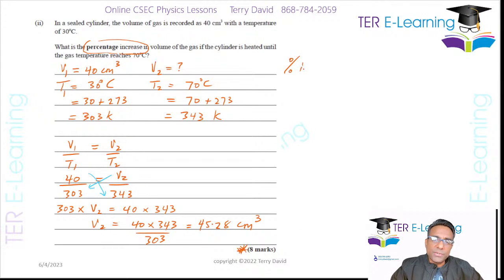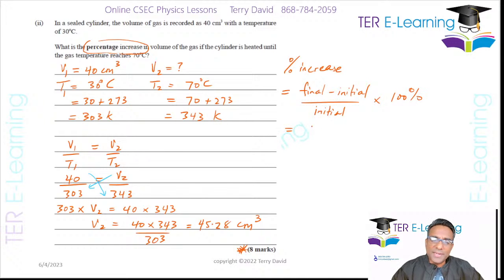So percentage increase. I saw somebody arguing with me online about how to find percentage increase. Percentage increase is always final minus initial over your initial. This is something that we do in maths if you want to find percentage change. It's final minus initial divided by your initial multiplied by 100%.